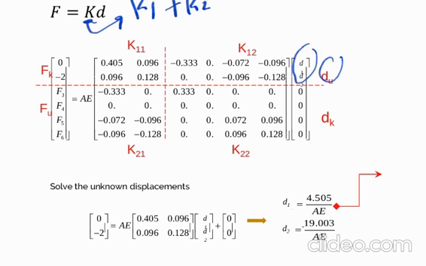The other displacements are known, because joints number 1 and 3, as you remember from the first or second slide, are fixed, so they will be 0. And for the known forces we have 0 and minus 2.